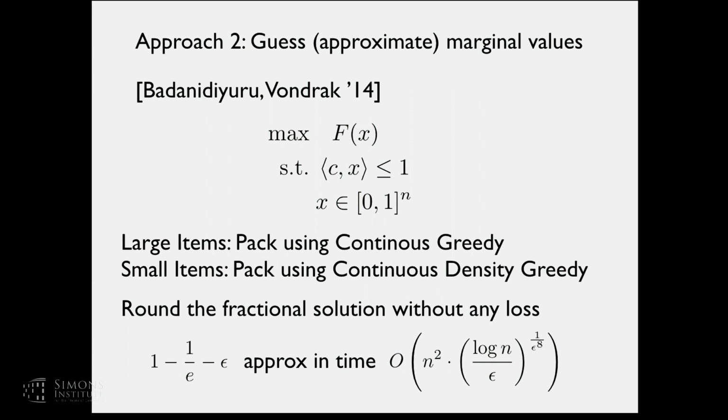The dependency on epsilon is quite high. So this is a somewhat impractical algorithm because of the dependency on epsilon, but it's theoretically interesting for reasons that perhaps will become a little more clear later in the talk. If you think of epsilon as a very small but fixed constant, this is nearly quadratic.